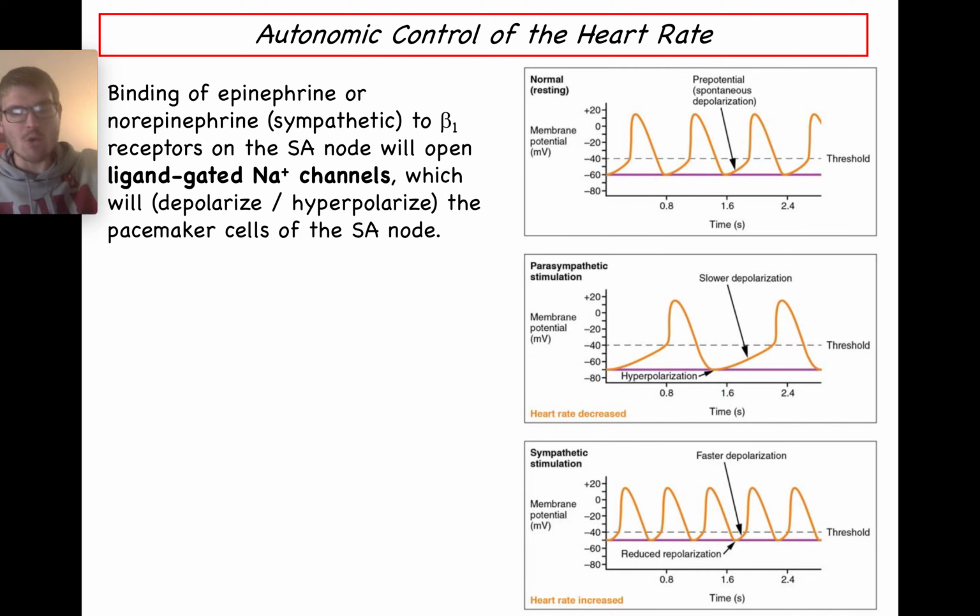What we want to understand here is we want to go back to what we know about pacemaker potential. So don't forget our discussion that we had in part 2.2 of this lecture series on chapter 19 regarding pacemaker potential. If you get lost here, you may want to go back and look at that again. What you're looking at here in this top figure is what your normal resting heart rate looks like.